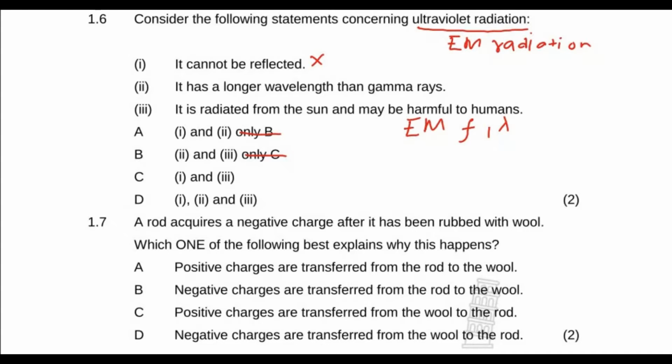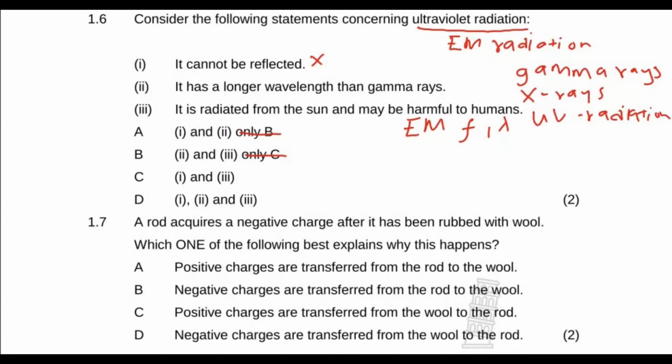Number 2: it has a longer wavelength than gamma rays. So you have your electromagnetic spectrum. Let's start from the one with the shortest wavelength, we have gamma rays, and then you have X-rays, and then you have your UV radiation.